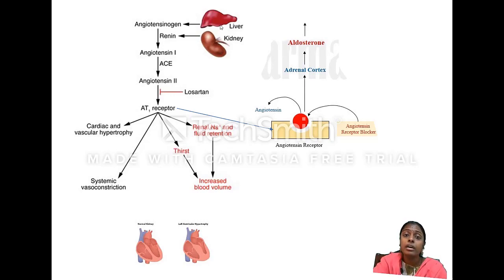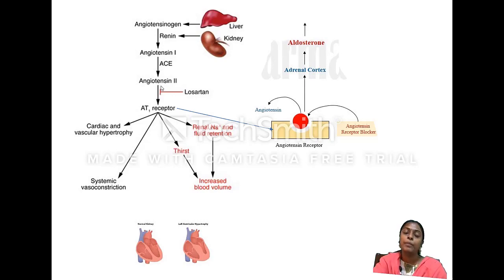First, our liver will produce angiotensinogen. With the help of renin, which is given by our kidney, it will be converted into angiotensin 1. With the help of angiotensin converting enzyme, it will convert into angiotensin 2.